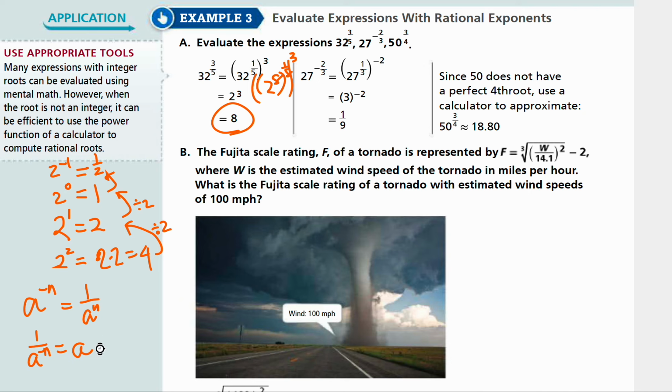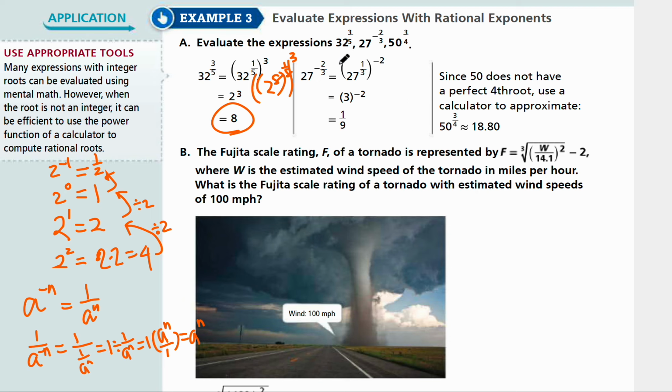Because why? This is really 1 divided by 1 over a to the nth power, which is 1 multiplied by a to the nth over 1, which is a to the nth power. Okay? So in this case, you're doing the same thing.